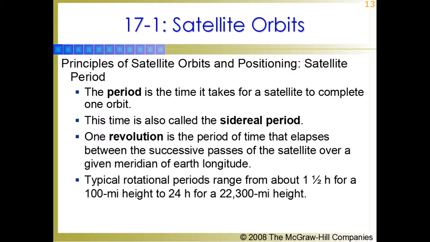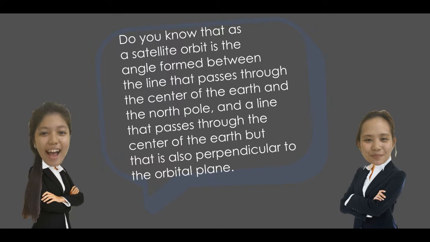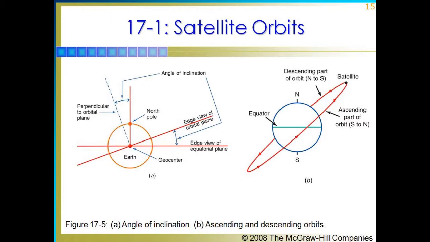Do you know that as the satellites rotate, there is an angle formed between the line that passes through the center of the Earth and the North Pole, and the line that passes through the center of the Earth but is also perpendicular to the orbital plane? This is called the angle of inclination. When the angle of inclination is 0 degrees, the satellite is directly above the equator.